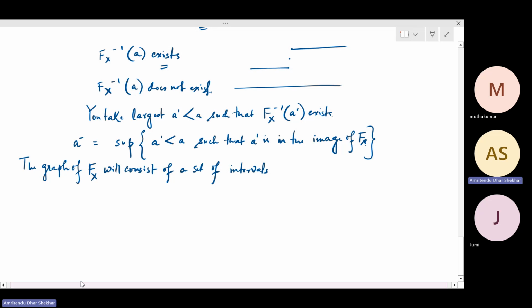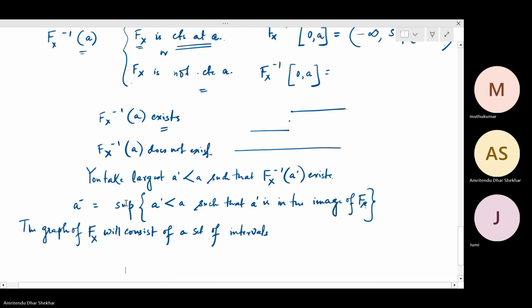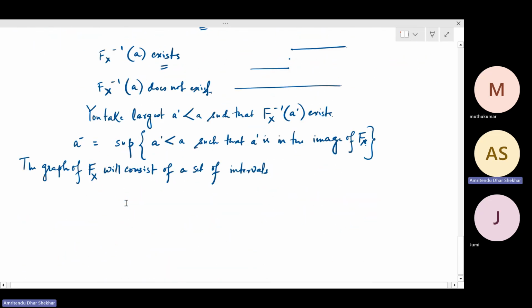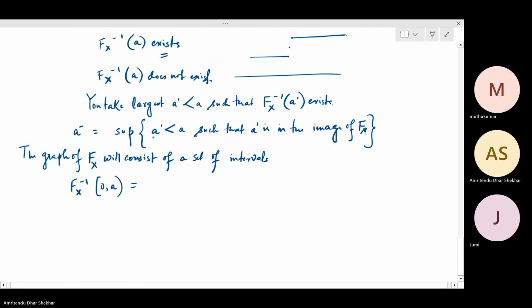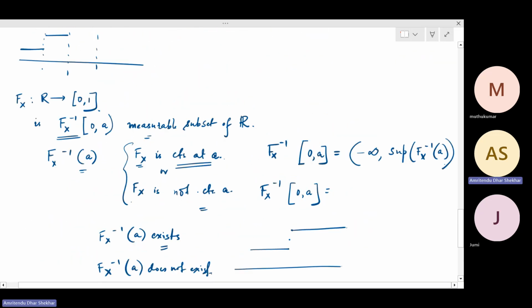You take this a minus, and then F_X inverse of (0, a) is going to be equal to F_X inverse of (0, a minus). Yeah, hopefully it's clear.